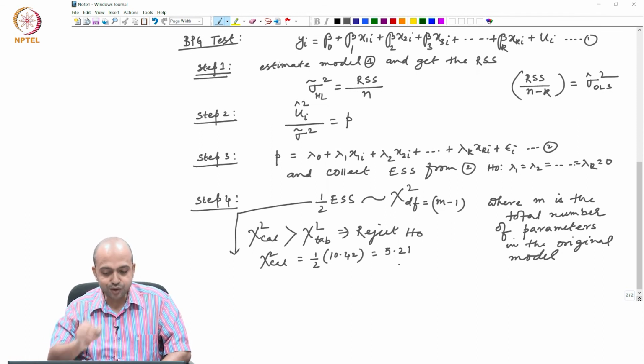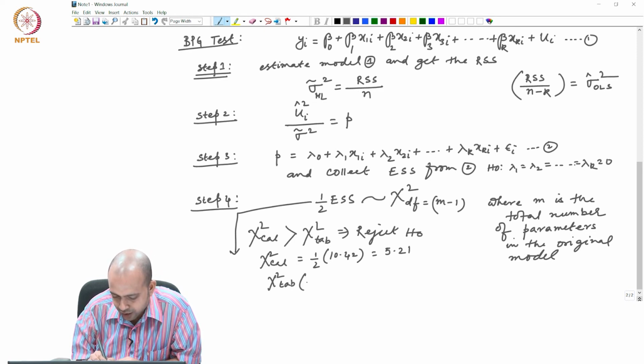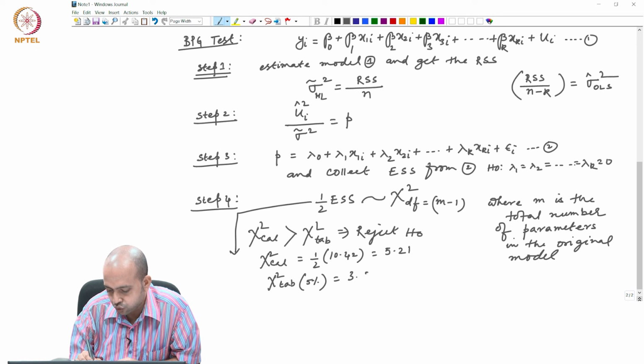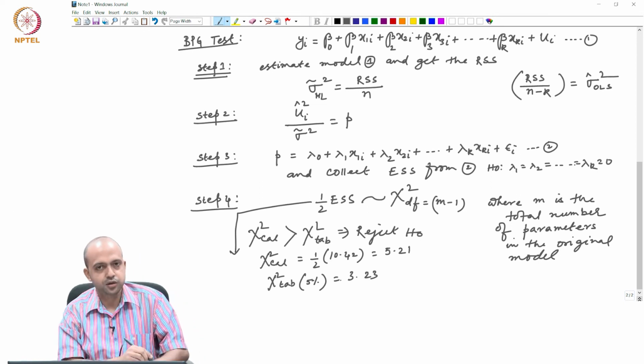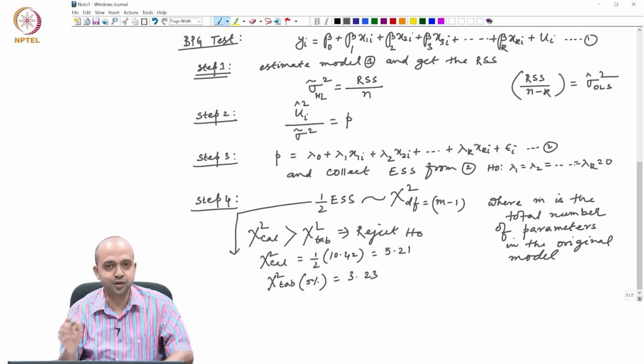Now, this calculated chi square you have to check against the tabulated value. What is the chi square tabulated at 5% level of significance? It is something around 3.23 or so. You can check the chi square value with m minus 1 degrees of freedom. What is m here? m equals 2.